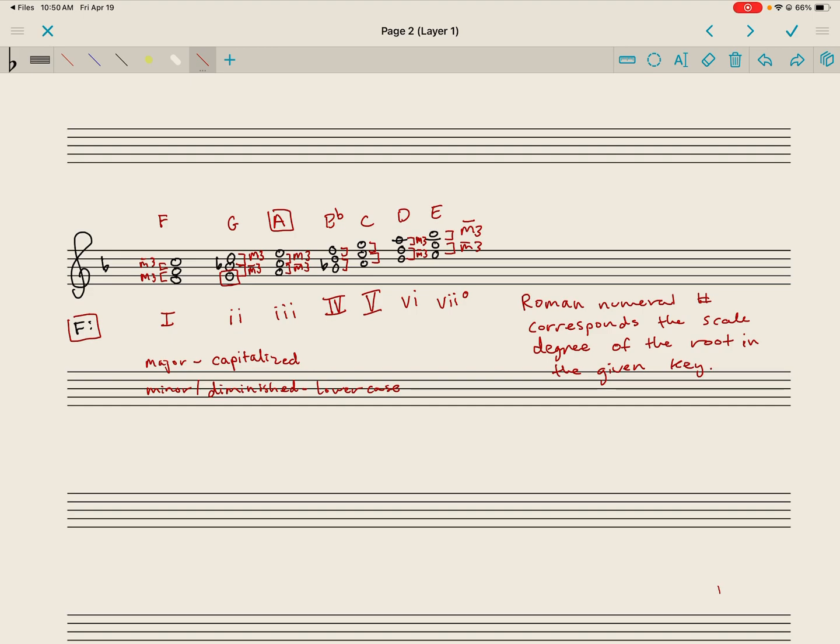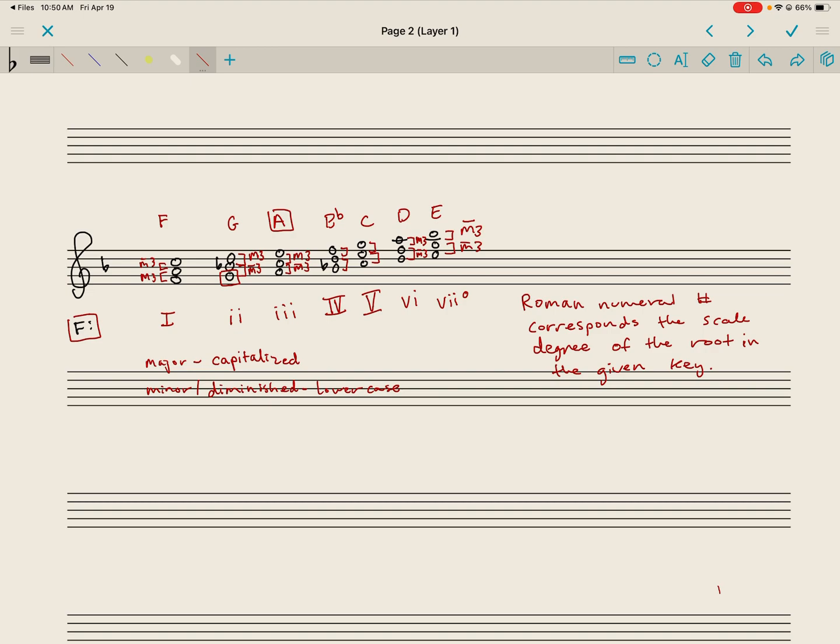So if there's a root and it's a D in the key of F, we're contextualizing all of these 7 triads, connecting them to the key of F major. A D is the 6th scale degree, so you know it has to be some sort of a 6 chord, which is why this exam is so easy.